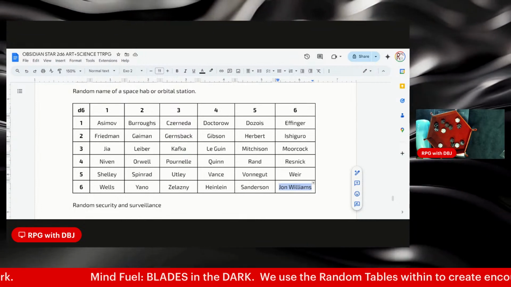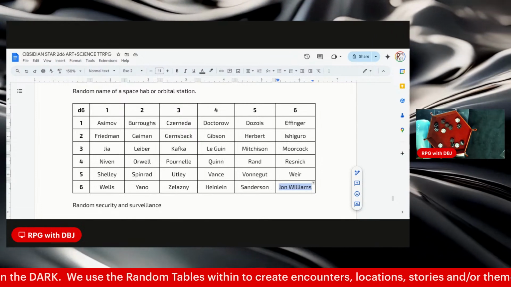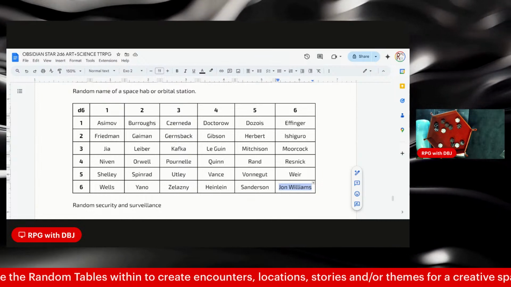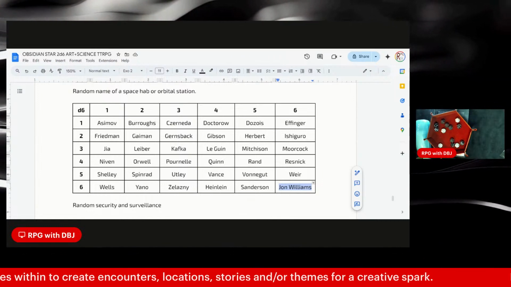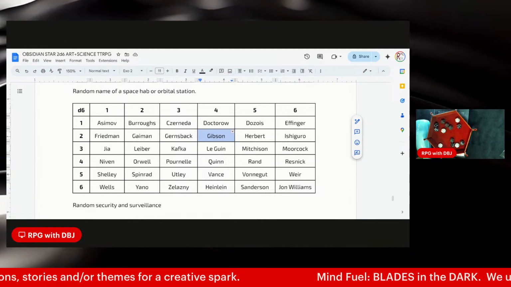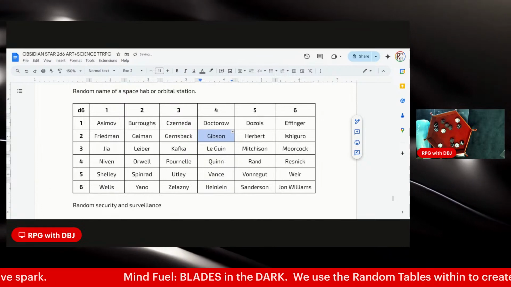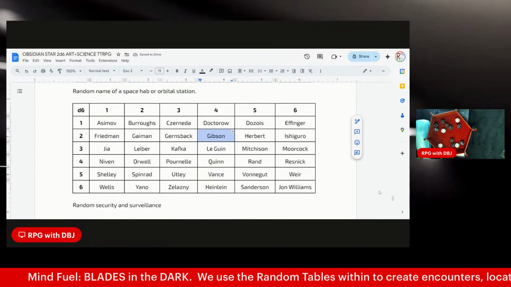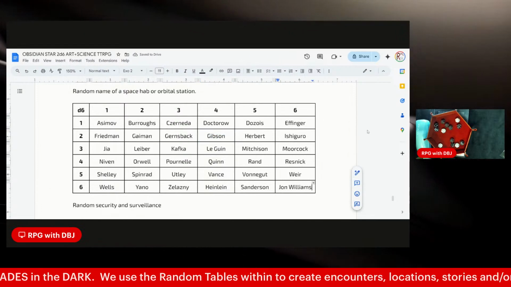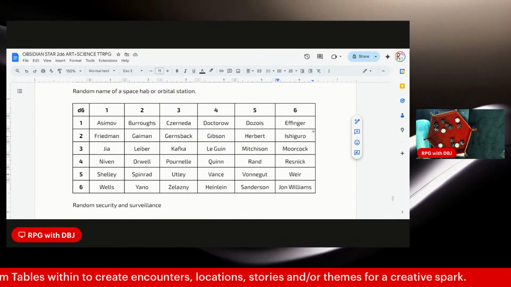There's Moorcock in here, Kafka, Leiber. There's a bunch of them. Vonnegut, the Gibson. Got to have Gibson in here. There's also a Wells. So yeah, I just thought it'd be kind of fun to have science fiction and fantasy writers. Mostly science fiction, but there's some fantasy in there.